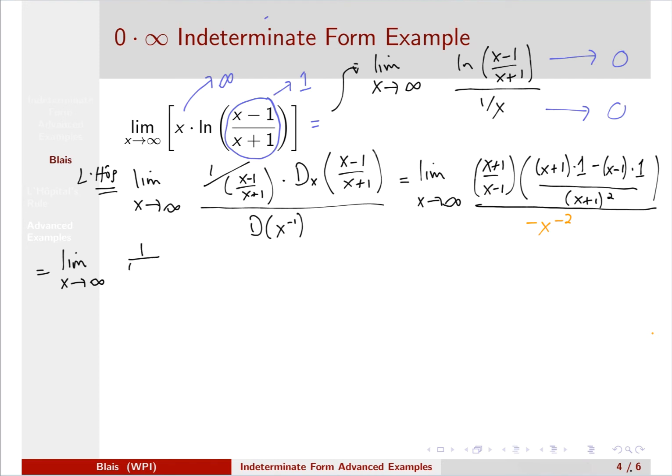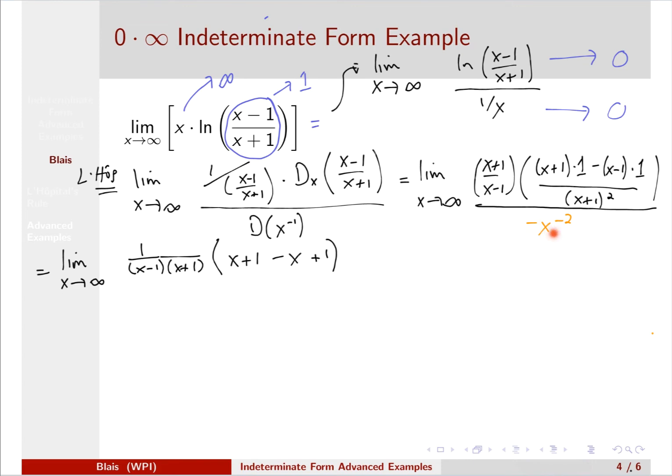So we have 1 over x minus 1 times x plus 1. And simplifying this expression here, we have 1 times x plus 1, which gives us x plus 1. And then we have minus x. And then we have a minus 1, so plus 1.